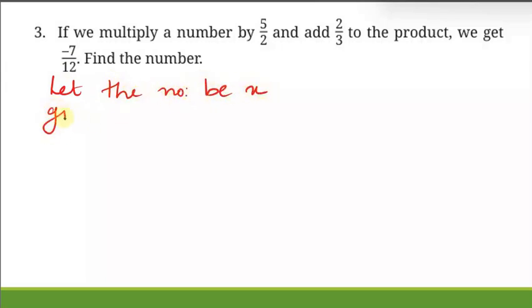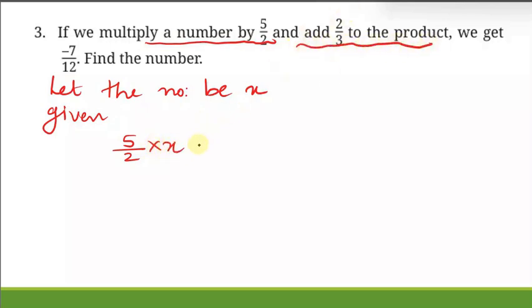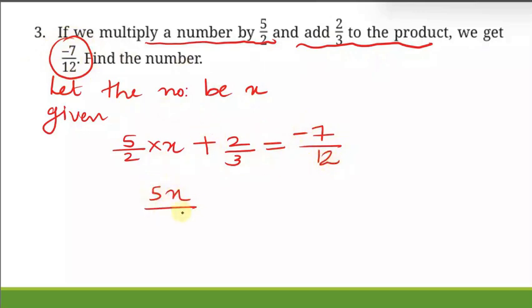Now given that we multiply a number by 5 by 2, so it will be 5 by 2 into x, and add 2 by 3 to the product, plus 2 by 3, which gives you what? Minus 7 by 12. So it will be 5x by 2 plus 2 by 3 equal to minus 7 by 12.